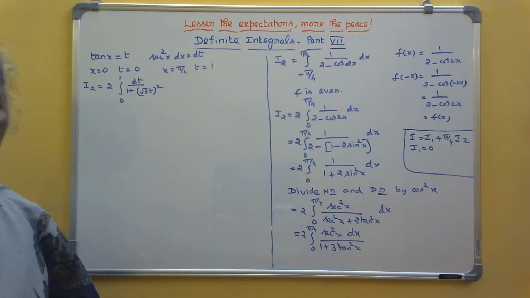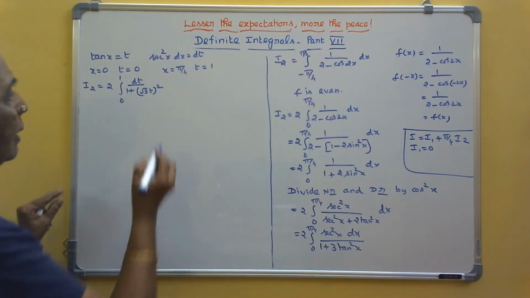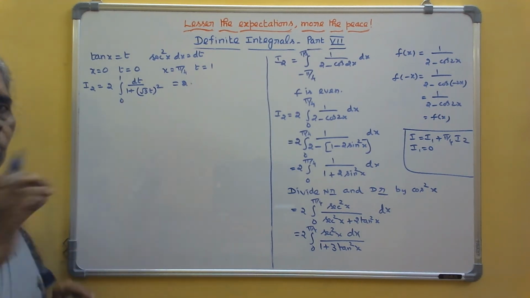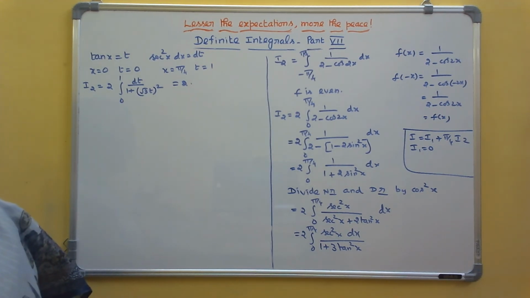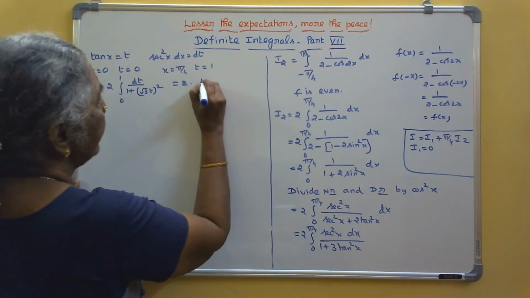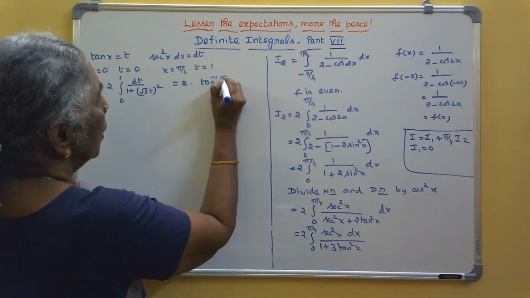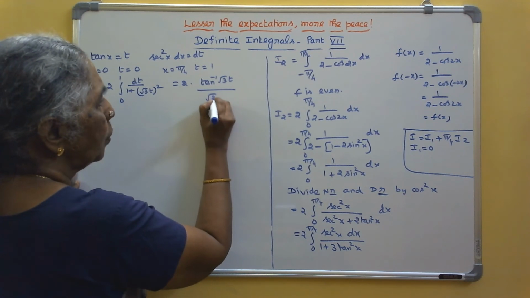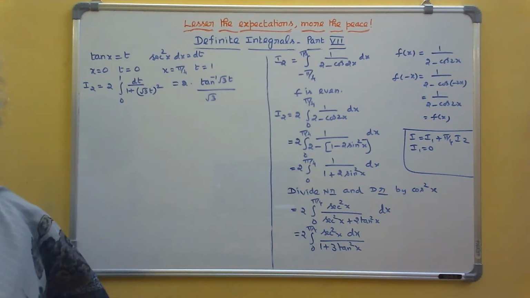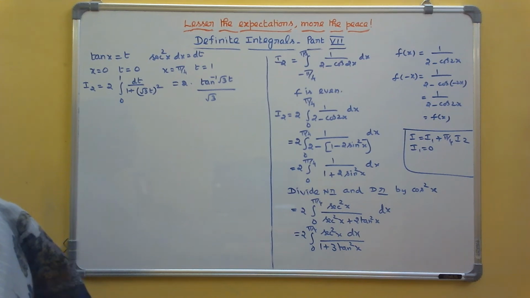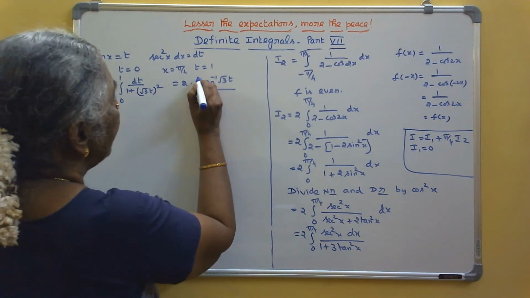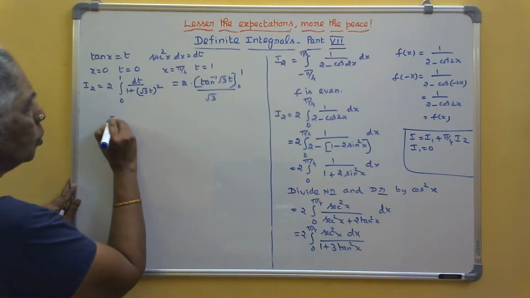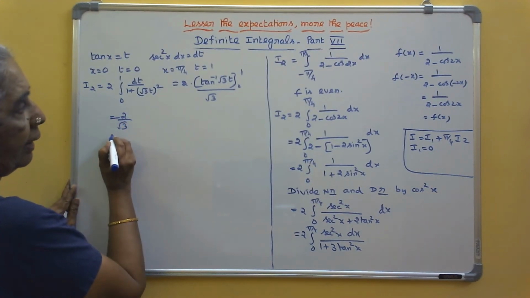Okay? So now you know it is a simple formula. So I can write this is 2 into, here a is 1, so it is 1 by a, which is 1 only. Tan inverse root 3t divided by root 3, because the coefficient of that t is root 3. Then within the limits 0 to 1. So the 2 by root 3 I can write like this.